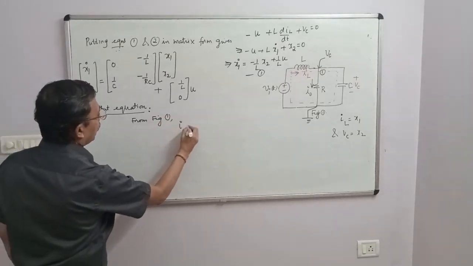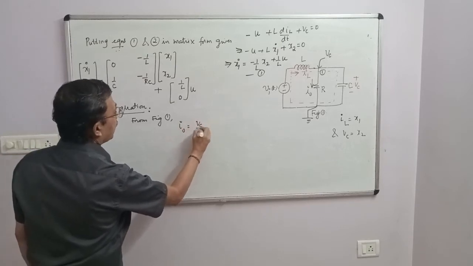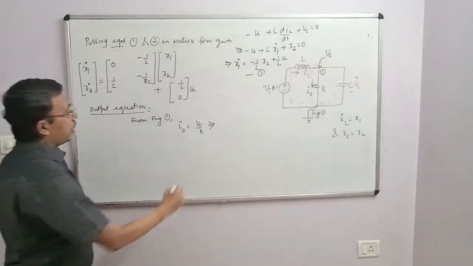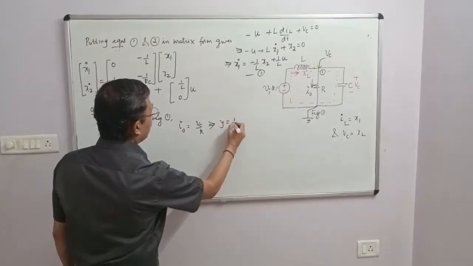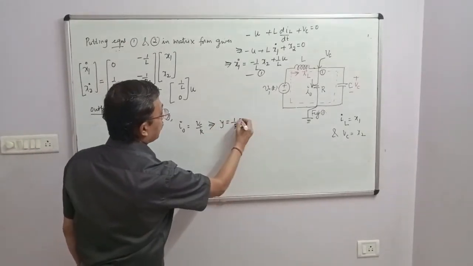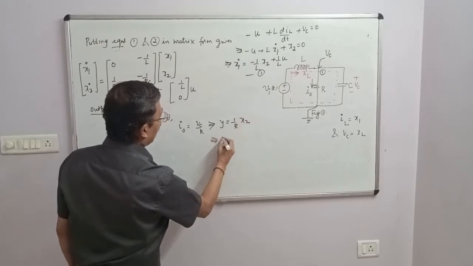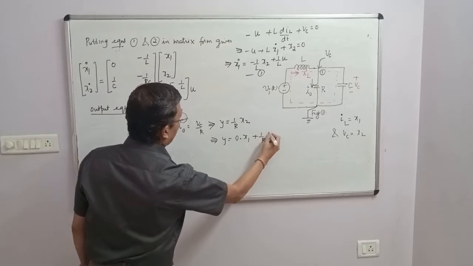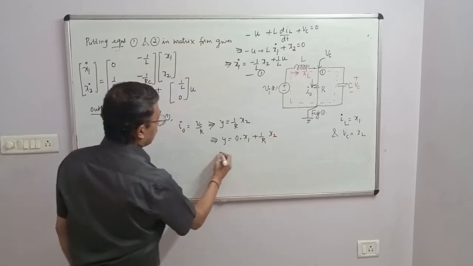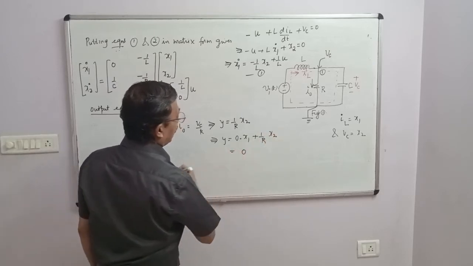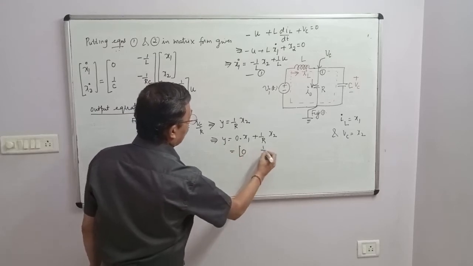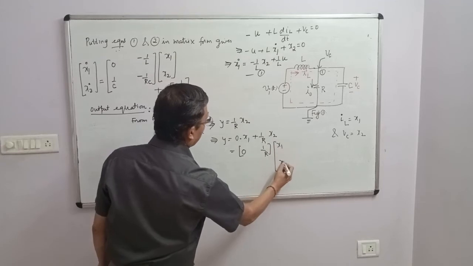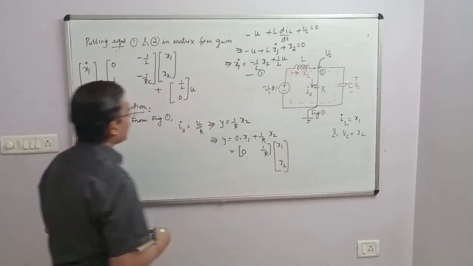I naught is equal to Vc divided by R. Normally we denote the output by Y. So I naught is denoted by Y. Vc is what? Vc is x2. So this in turn implies Y is equal to 0 into x1 plus 1 by R into x2. So we have a row matrix having elements 0, 1 by R multiplied by the column matrix x1, x2. This is the output equation.